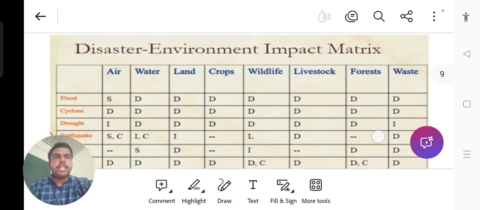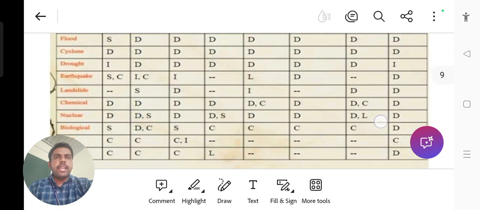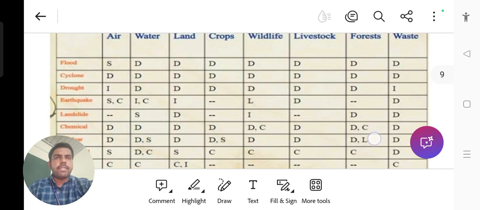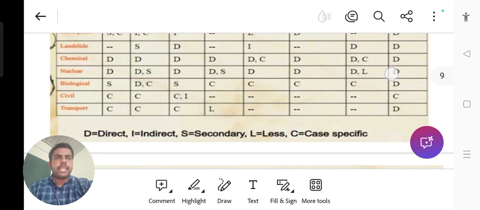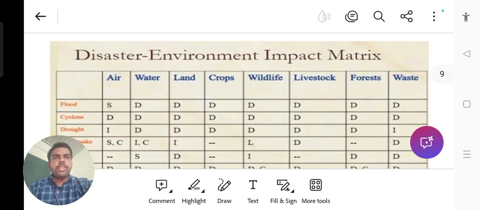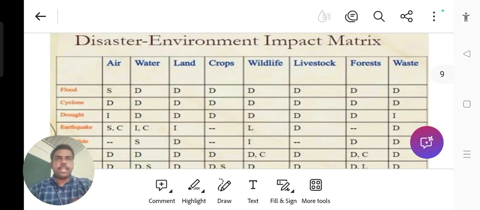Disaster environmental impact matrix. See here, S means secondary, L means very less, I means indirect, and D means direct. For example, take the flood disaster. How does air influence a flood? Air is at a very low level from the flood point of view, and secondary, but water is direct.